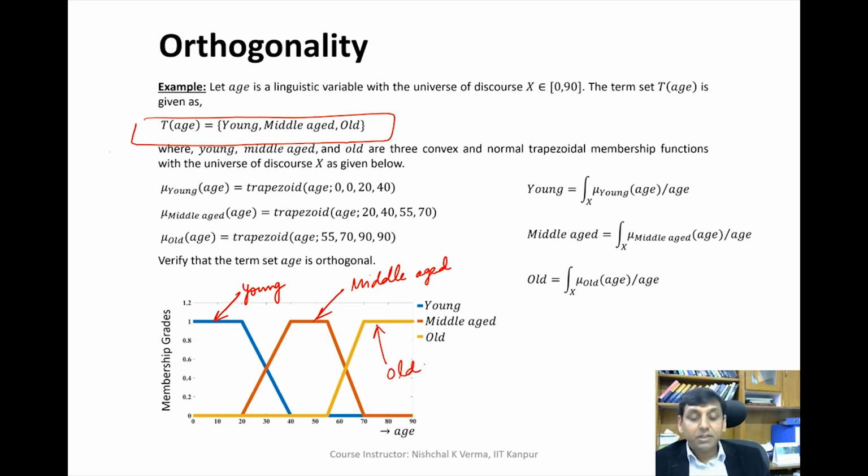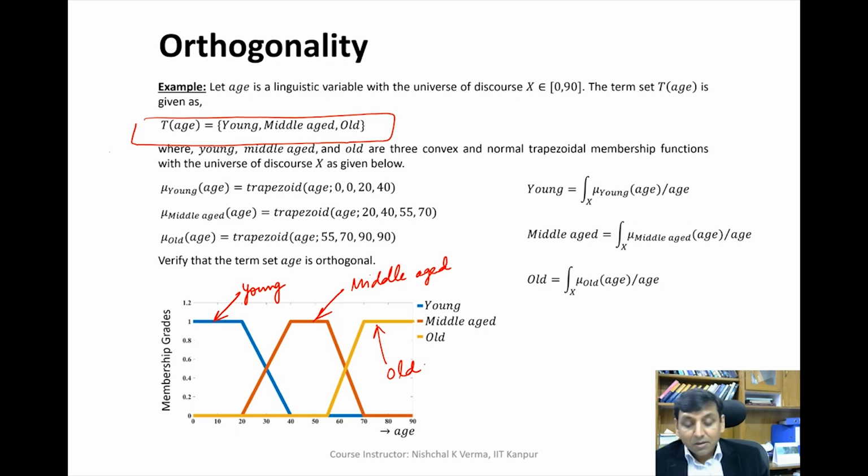Now within the universe of discourse 0 to 90, which is given, at any point of the generic variable, when we sum the membership values, we always get the summation 1.